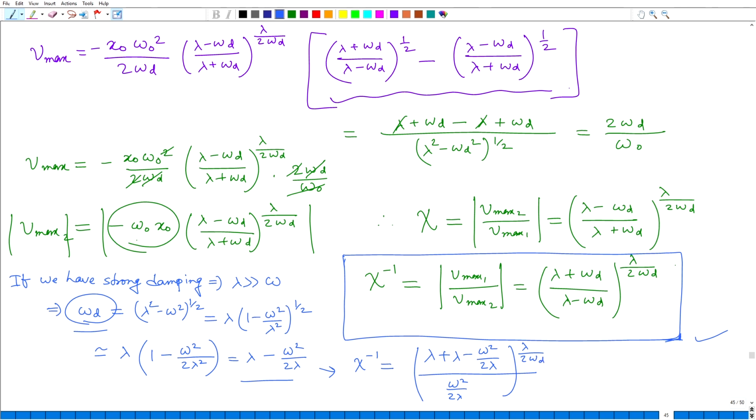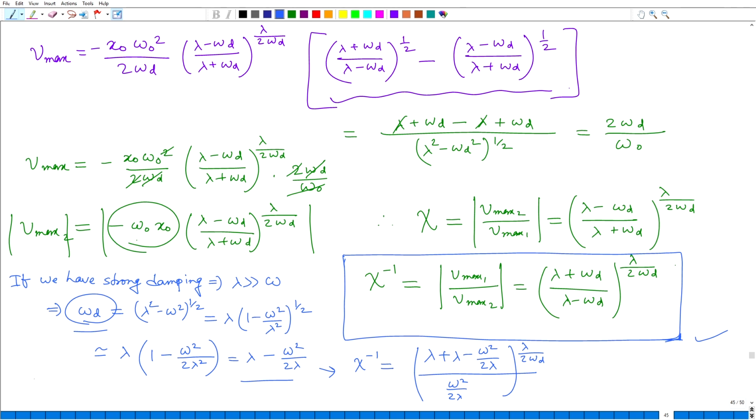Okay. Now, again you see whenever I am writing this lambda by 2 omega d, so omega d is now this. So, one can actually say that whenever I am doing this type of expansion, let me first do this. So, what will be then lambda by omega d?